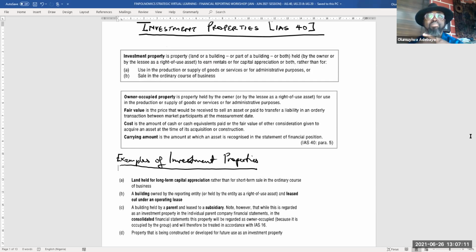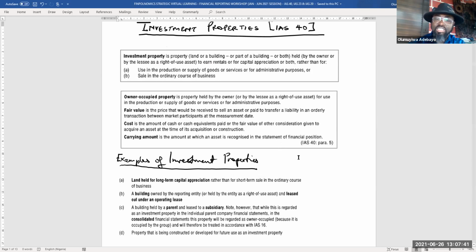Therefore, invariably, if there's no intention yet agreed, the minimum intention of anybody is to make capital appreciation from such property, or at least make rental income in order not to keep it idle. And on that premise, the standard resolves to recognizing properties that are being constructed or developed for future use as an investment property. Does that make sense to us?